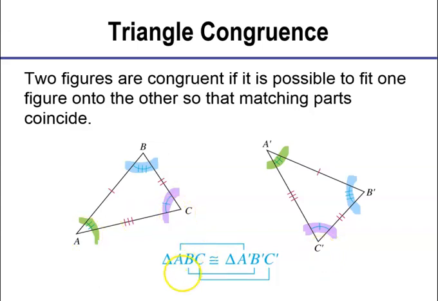But how you write this up, notice A in the first position corresponds to A primed in the second position, okay? Angle B corresponds to B primed, and C corresponds to C primed. They have to be in the same order of their congruence.